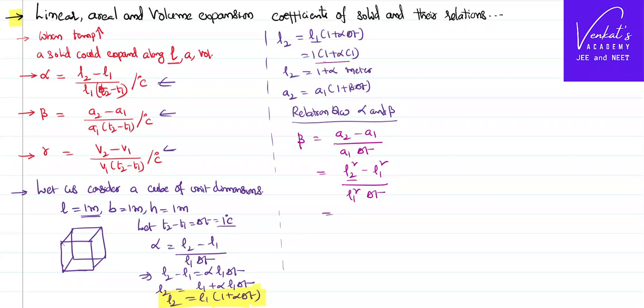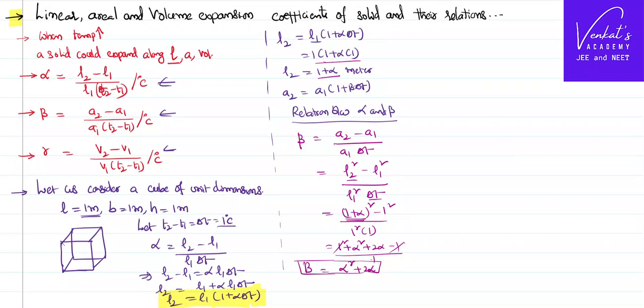But I already found L2 as 1 plus alpha, so (1 plus alpha) whole square minus 1 square, by 1 square. Change in temperature is only 1 degree centigrade. This is (A plus B) whole square, A square plus B square plus 2AB. So minus 1 and plus 1 will cancel. What I got is beta as alpha square plus 2 alpha. That's the relation between beta and alpha.